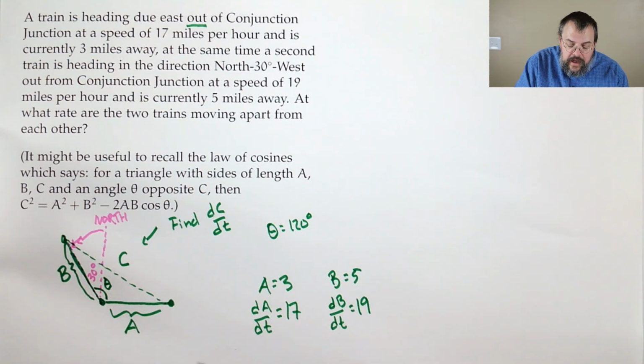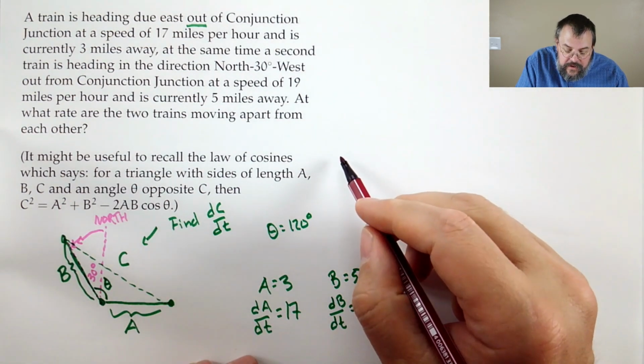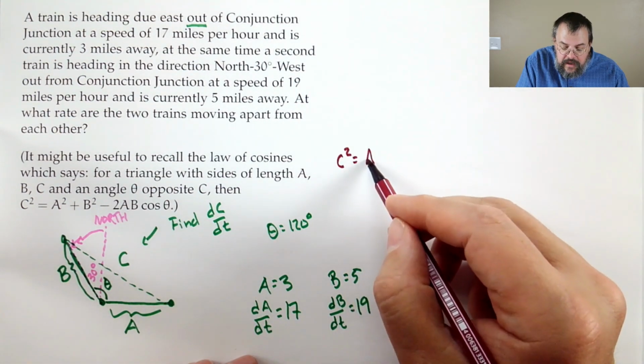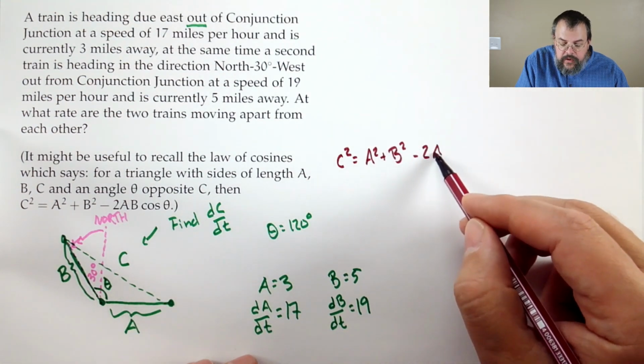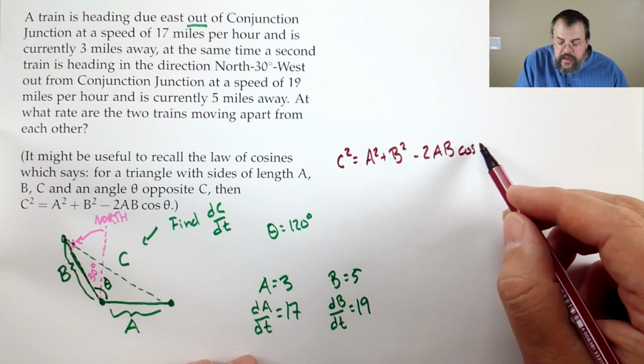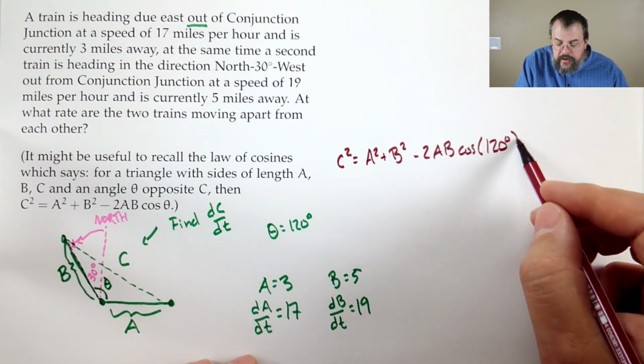So our relationship becomes the following. This is great news. C squared equals A squared plus B squared minus 2AB cosine of 120 degrees.